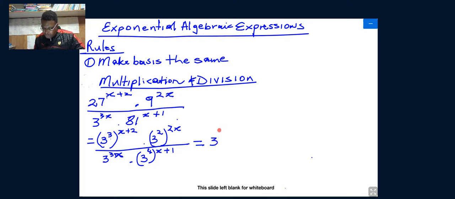We're going to have 3 to the power 3x plus 6, multiplied by 3 to the power 6x, over 3 to the power 3x times 3 to the power 4x plus 4.